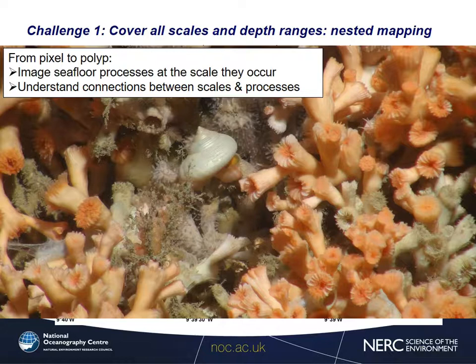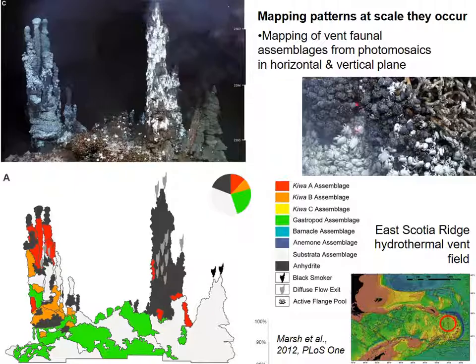And working at the scale that actually is appropriate for your question is very well illustrated by the work we did on some of the hydrothermal vents in the Southern Ocean, the southernmost hydrothermal vents ever discovered on the planet. Hydrothermal vents, by their nature, are extremely localized habitats or ecosystems, and so at that moment the best way to map out the different assemblages of communities is by making a massive photomosaic, because some of those vents are meters to tens of meters high, and then doing the mapping from that.